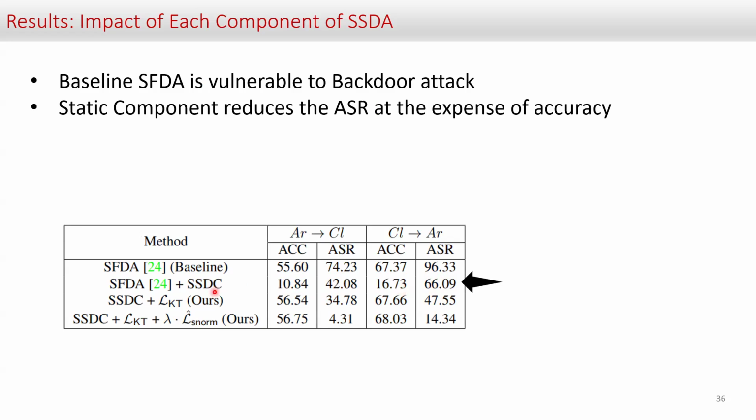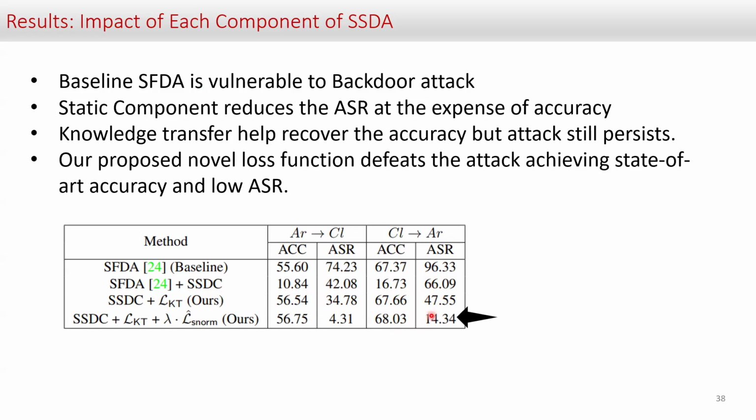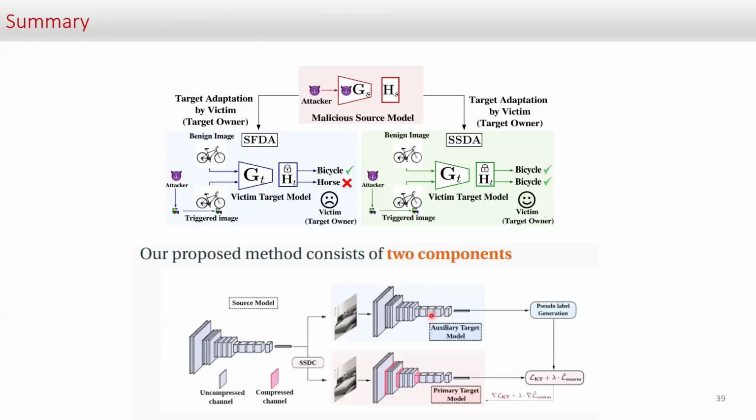To recover the accuracy, we propose that knowledge transfer, basically keeping the auxiliary model, which successfully recovered the clean accuracy, but still not good enough attack success rate. Then we propose the dynamic suppression during training to further suppress the attack success rate.